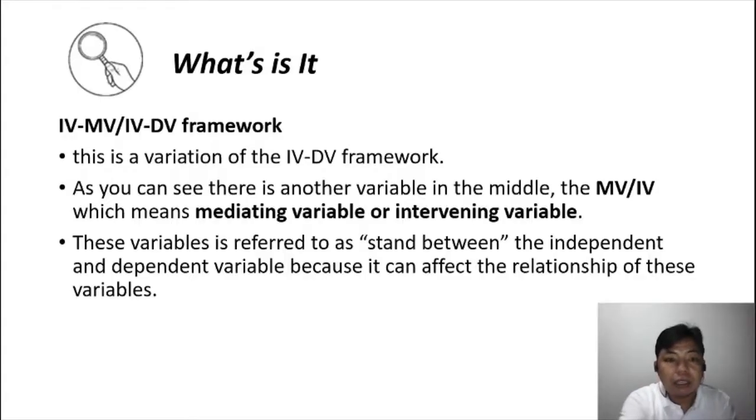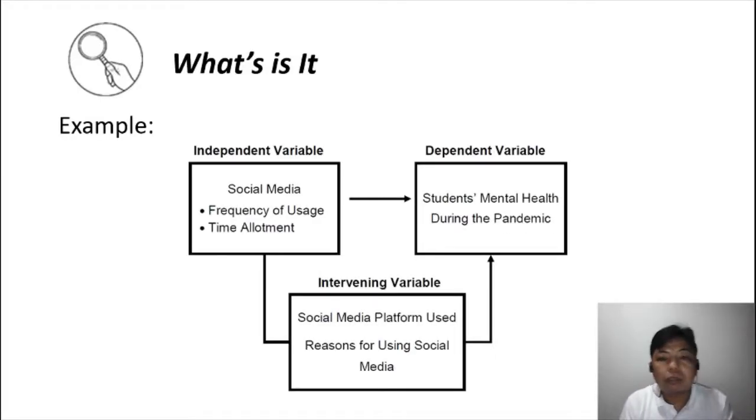Okay? So here's a good example of that. So sa independent variable natin, kagaya ng ginamit natin kanina, so social media, frequency of usage, and time allotment, paano ito nakaka-apekto doon sa ating students' mental health during the pandemic, which is your dependent variable. Aside from that, meron din tayong intervening variable or yung stand between variable. So ano yun?